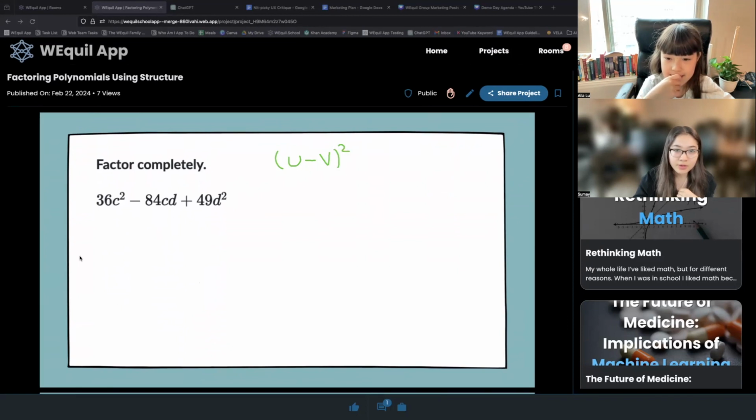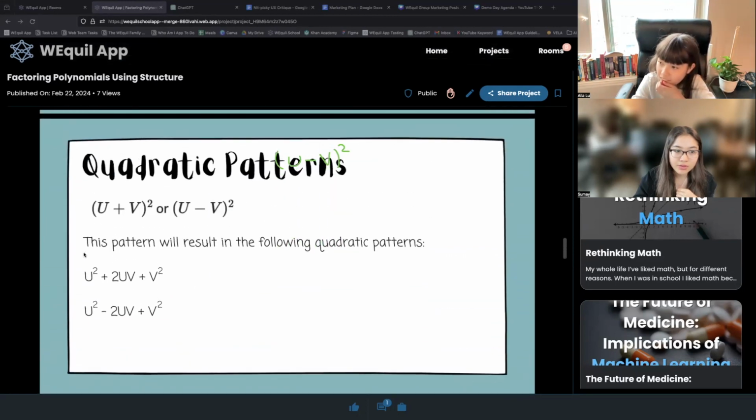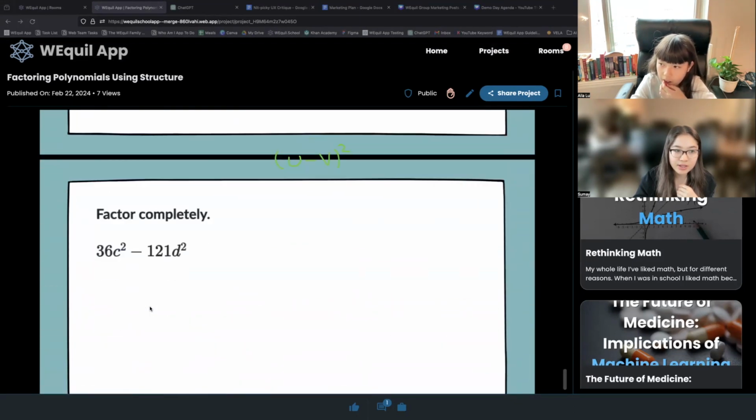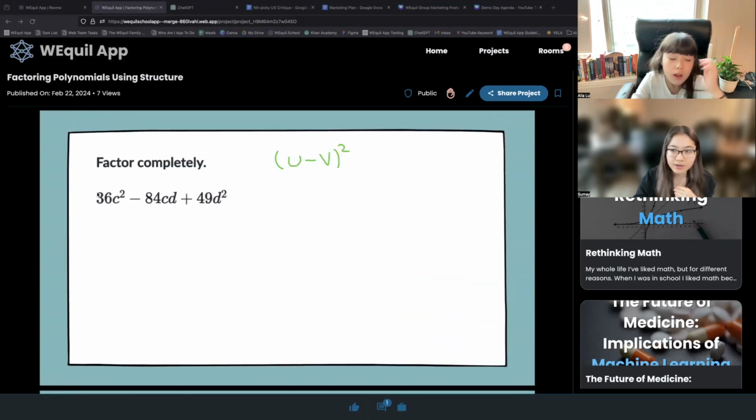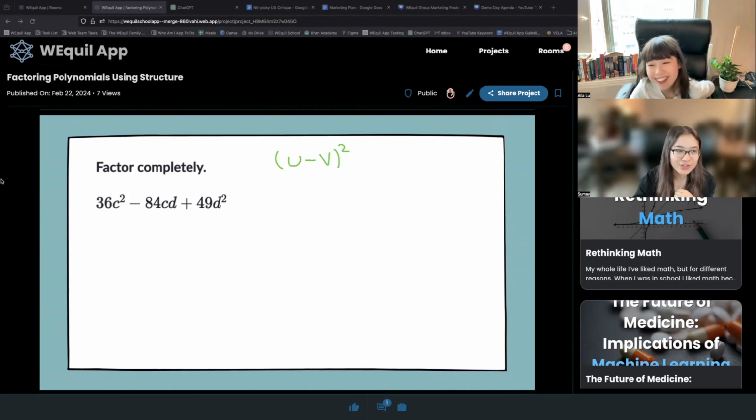The reason is that if I go up here, we see u squared minus 2uv plus v squared, which we see down here, right? u squared minus 2uv plus v squared. As you continue to do this, Isla, you'll recognize the patterns. Just trust me. Just bear with me here.